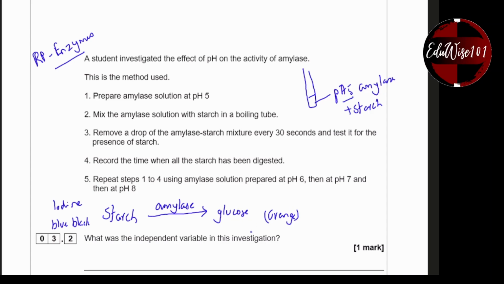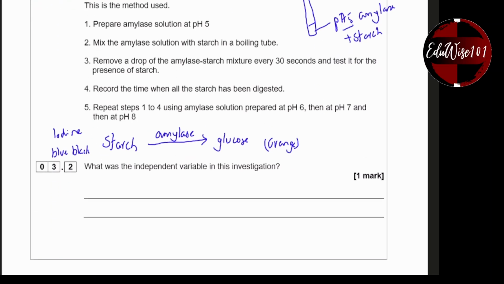So what is the independent variable in this investigation? The independent variable is what you are trying to change. The student investigated the effect of pH. So the effect of pH would be the independent variable. So the pH of the amylase solution or the buffer solution.